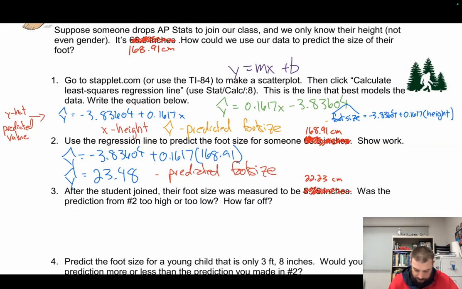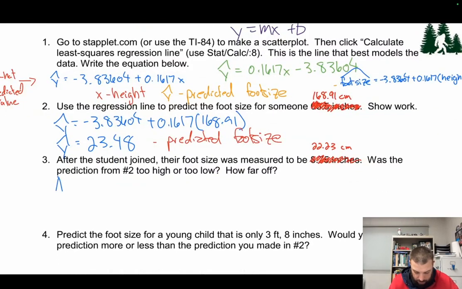To figure that out, we go actual minus predicted. Our actual was 22.23 minus our predicted, which was 23.48. That gives us negative 1.25.